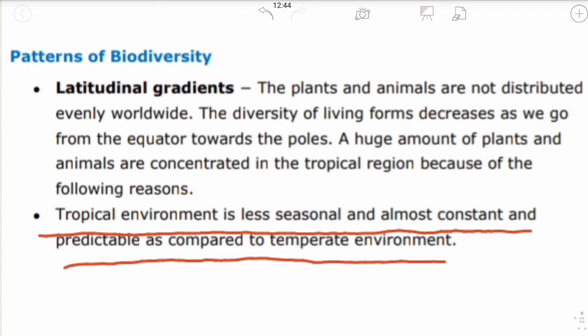The conditions are such that living organisms can live easily and successfully in the tropical environment as compared to the temperate environment. This is the main reason for the greater biodiversity in the tropical region.